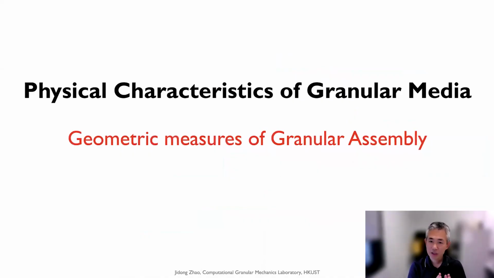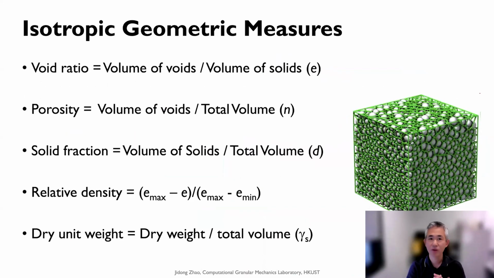So in addition to the grain size and shape, there are also geometric measures of granular media. I will quickly introduce, for example, the isotropic geometric measures, the overall bulk measures. We can define the void ratio as the total volume of void in the assembly over the volume of the solid, or the solid particle volume, and this is defined as e, we call it void ratio.